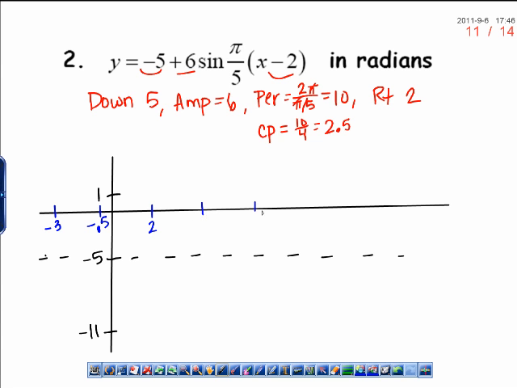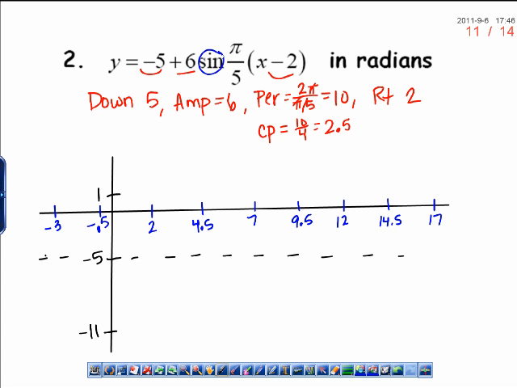So 4, 5, 6, 7, 8, 9. You want to make sure you get 9 tick marks in. So here we have 4.5, next would be 7, then 9.5, then 12, then 14.5, and then 17.